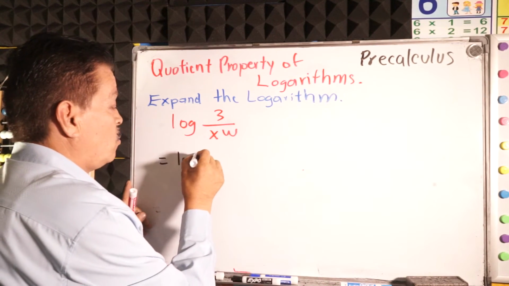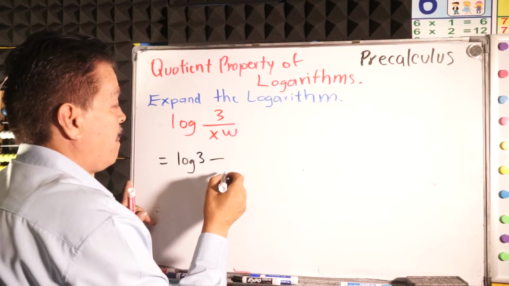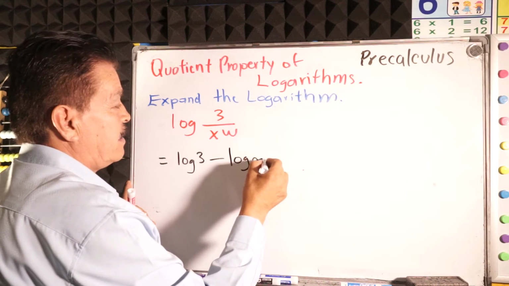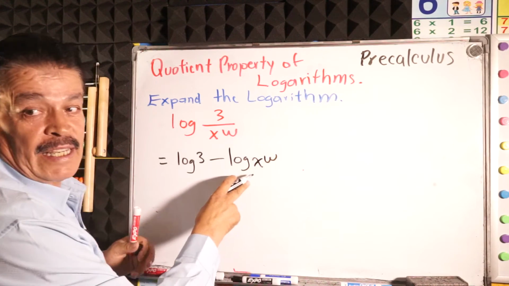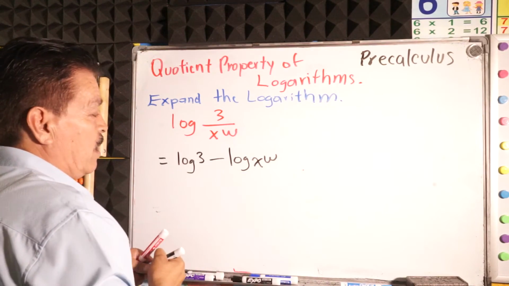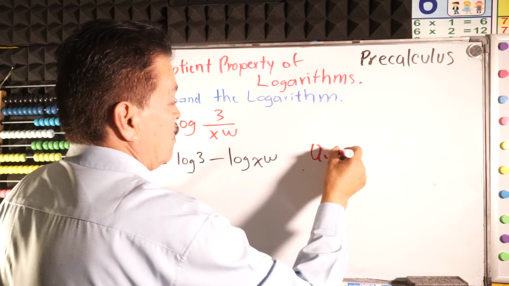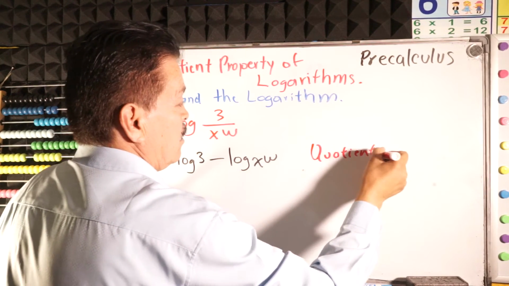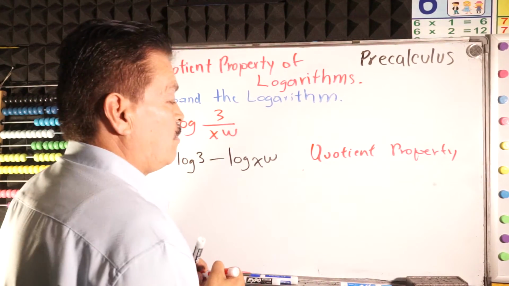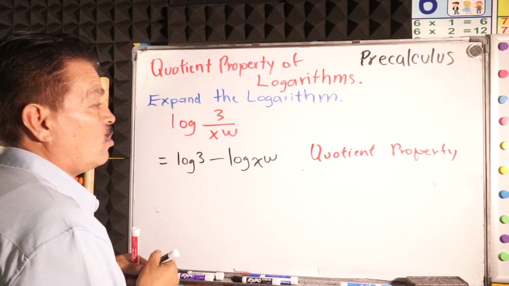Here we apply the quotient property. Sometimes in our problem we combine two properties, quotient and product.